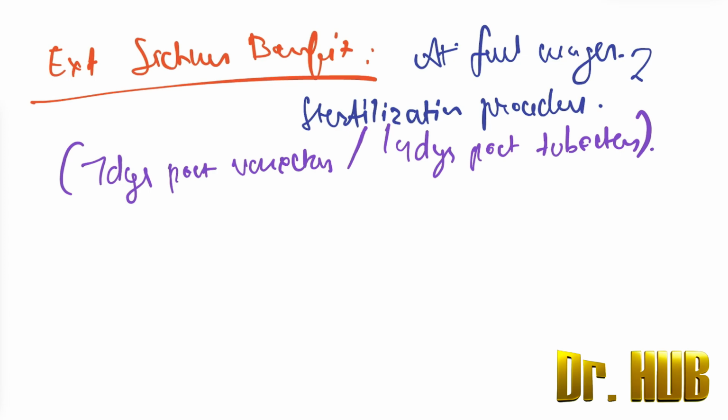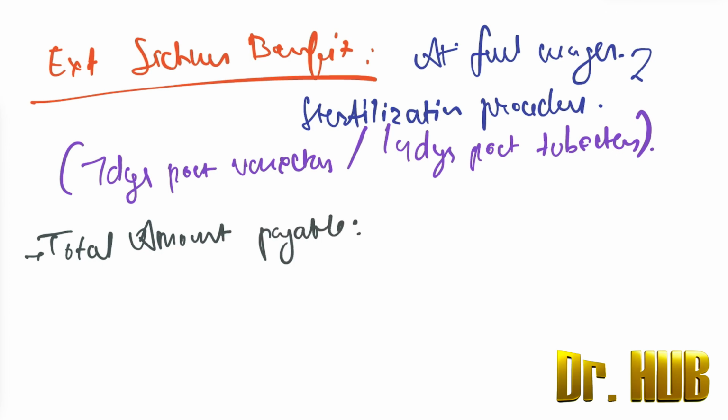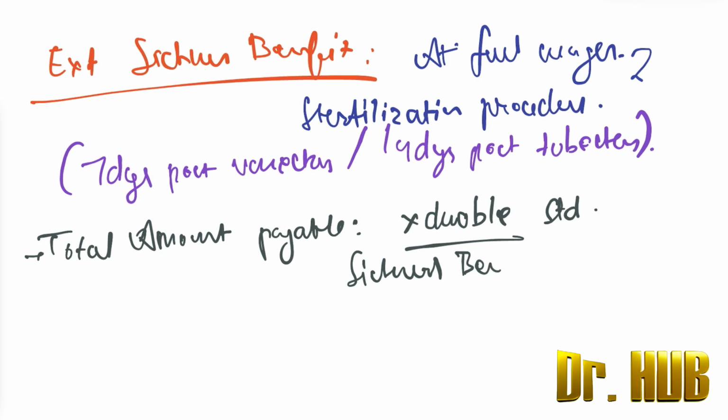The total amount payable is double the standard sickness benefit, and the rate is equal to the full wages.